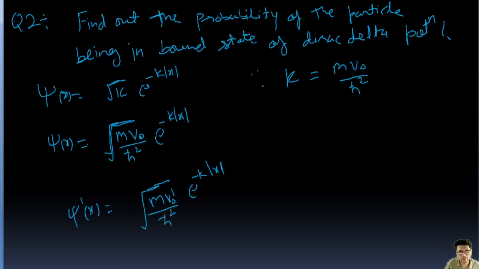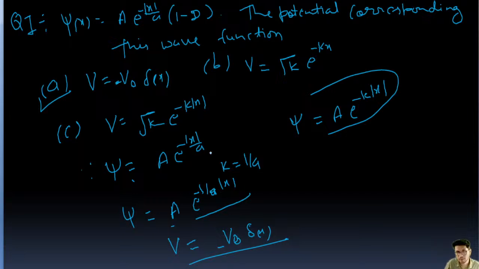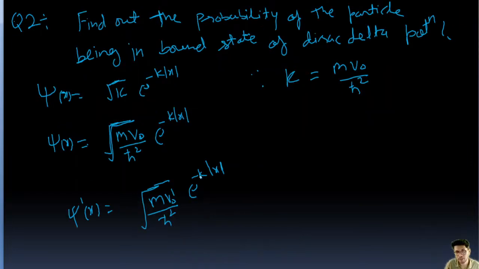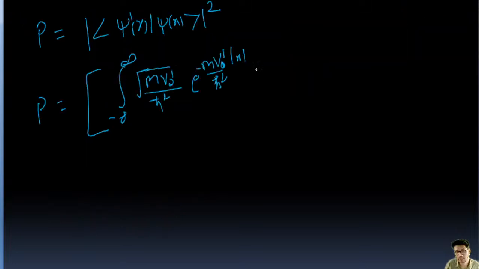Here also we have put the value of k. And then this is going to be root m V naught upon h cut square, e to the power minus m V naught upon h cut square mod x.